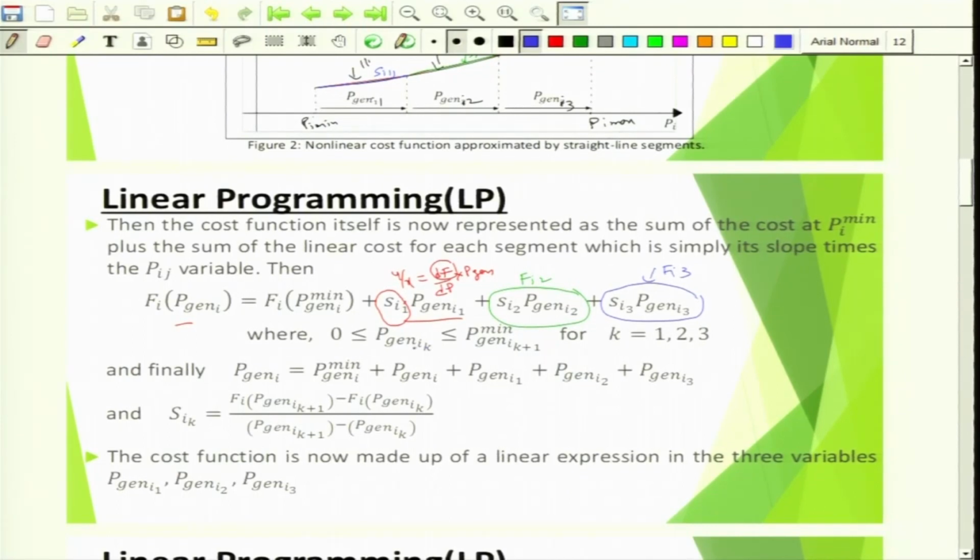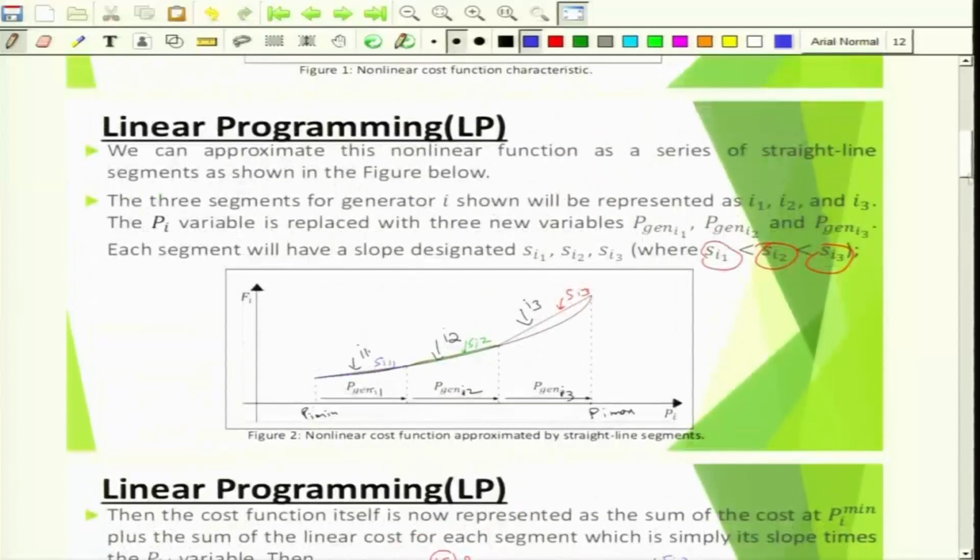Given the condition, for the ith generator kth segment, the power output should be within the range of 0 to the minimum power of segment k plus 1. You can easily identify from this picture also that this is P gen I2 minimum, which is also the same as P gen I1 maximum.